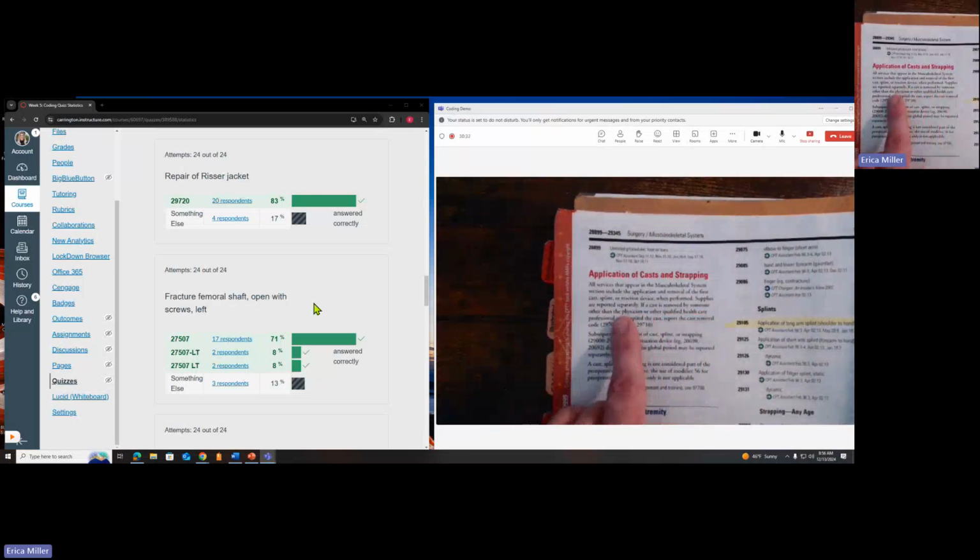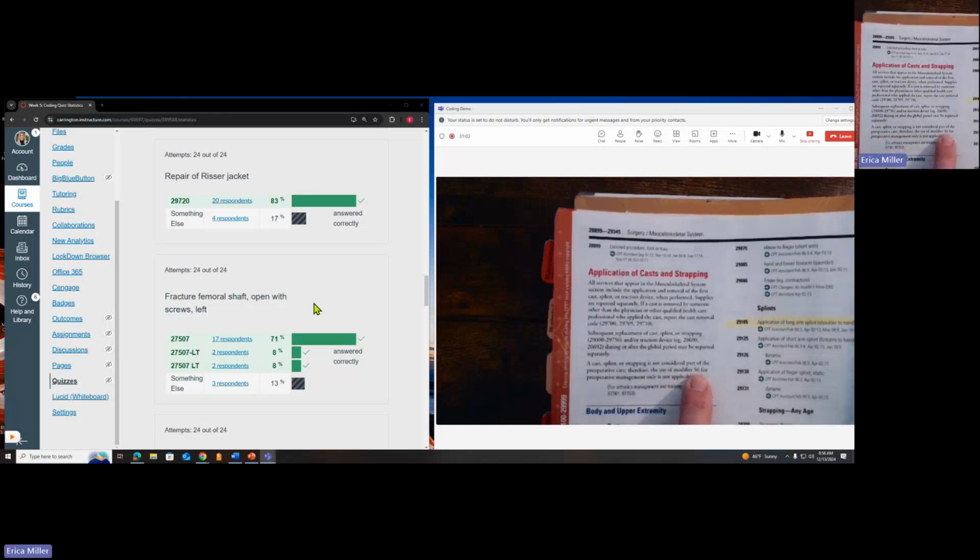If the cast is removed by someone other than the physician or other qualified healthcare professional who applied the cast, report the cast removal code 29700, 29705, and 29710. It also gives you some reference for a subsequent replacement cast, and then some details that this is not considered part of preoperative care. So they're telling you that this particular modifier for preoperative management is not applicable.